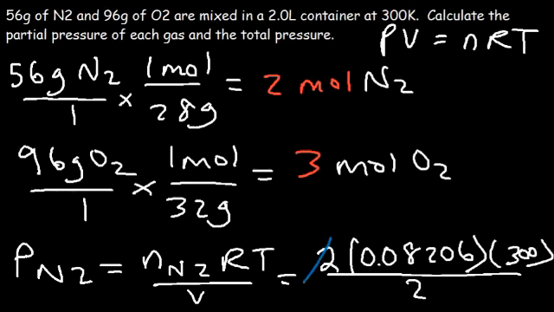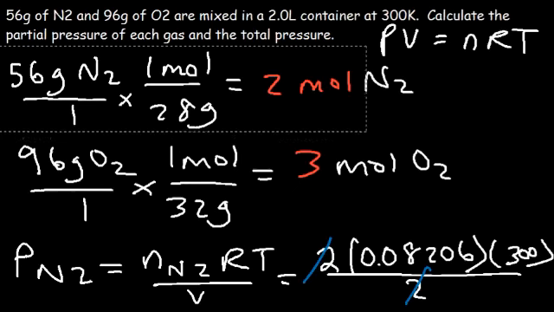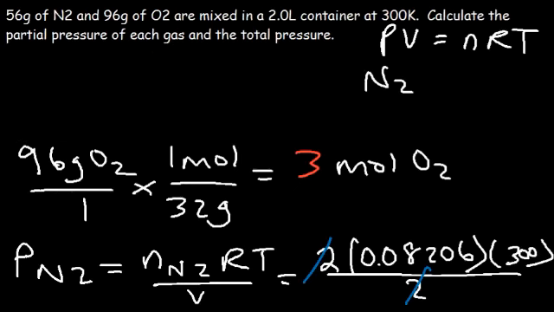So these two cancel, and it's just going to be 0.08206 times 300, which is 24.6 ATM. So that's the partial pressure of nitrogen gas.